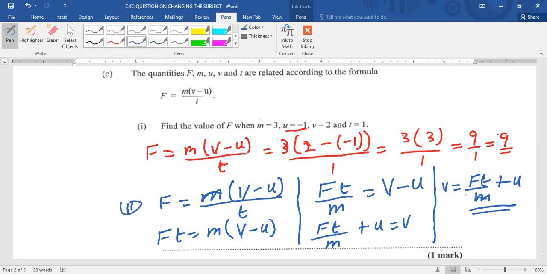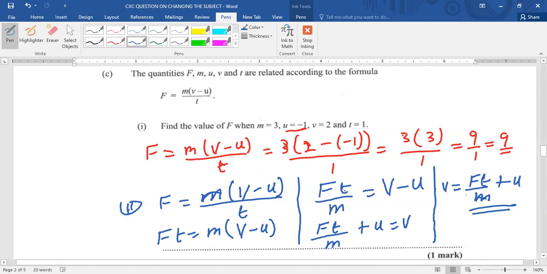V the subject. The first thing I did was this: when I look at the question, everything is divided by T. So the first thing I have to do is get rid of the T. The T is dividing. The opposite of divide is multiply. So I get FT is equal to M, open bracket, V minus U, close the bracket. The next thing I have to do is get rid of the M. The M is multiplying.